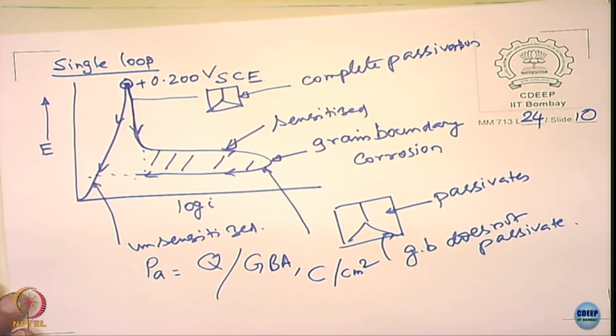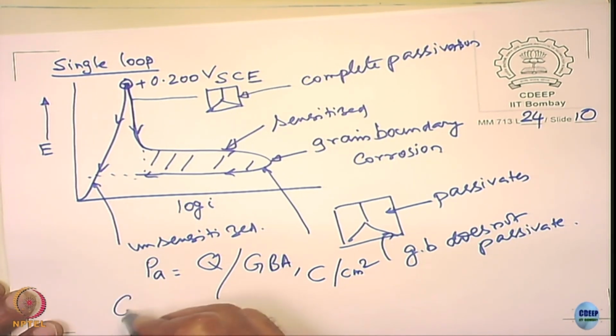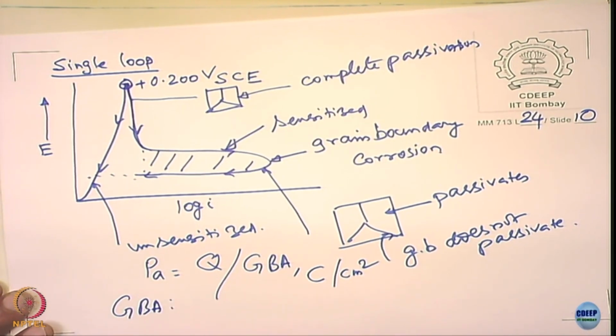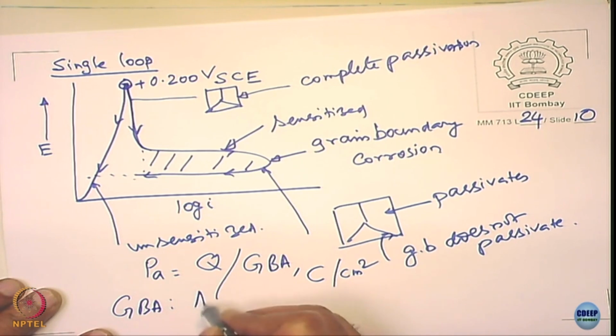Those of you who have done metallurgy studies know how to calculate the grain boundary area. You calculate that from the ASTM grain size number.